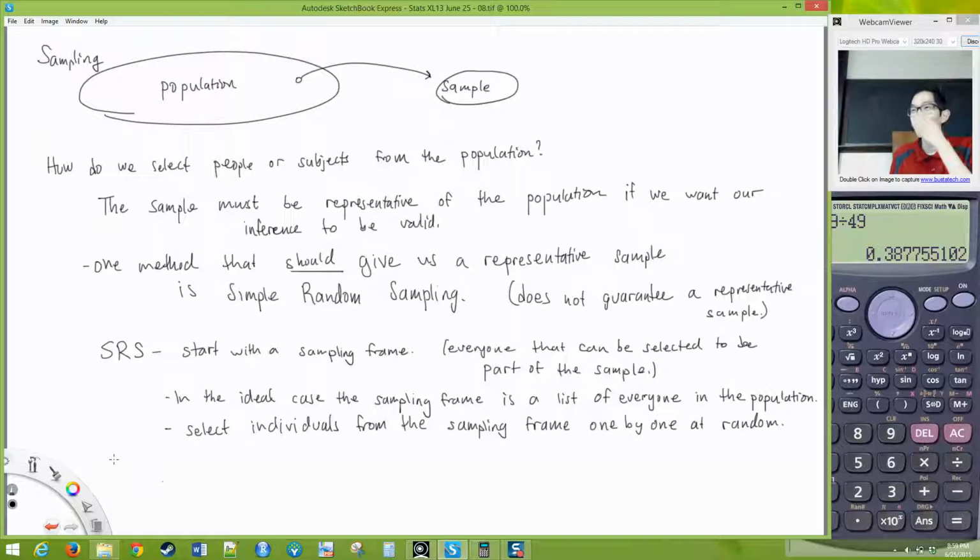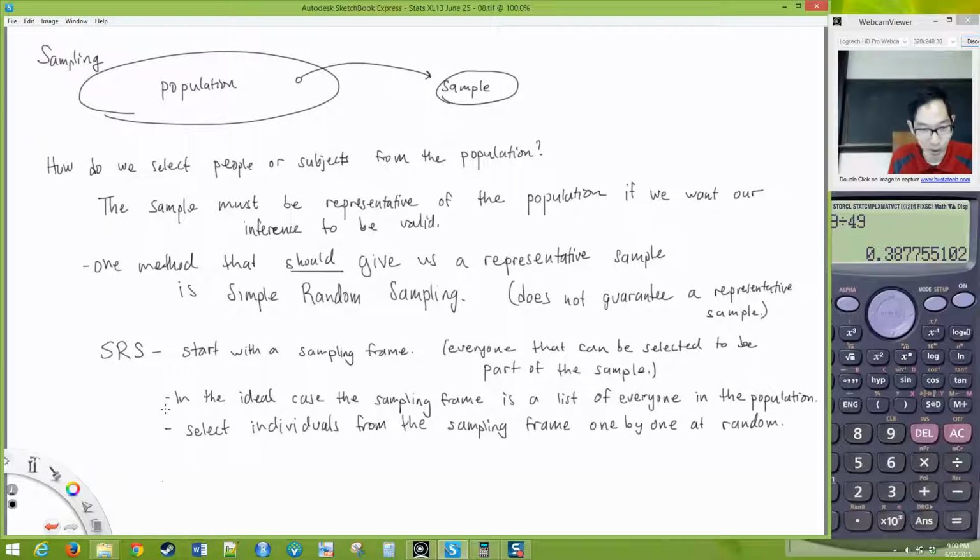But on a practical level, in an introductory course, we can't spend a whole lot of time going over complicated sampling methods, okay?